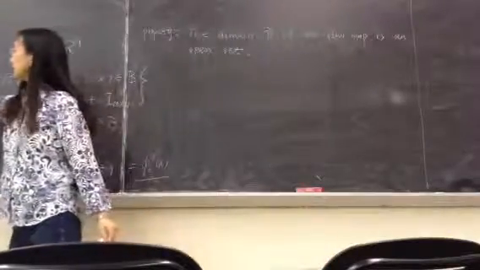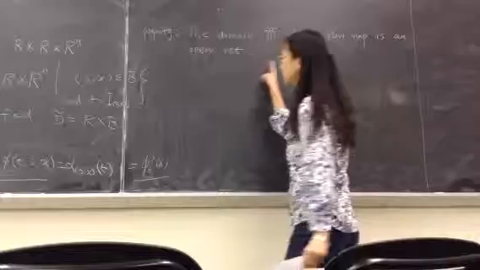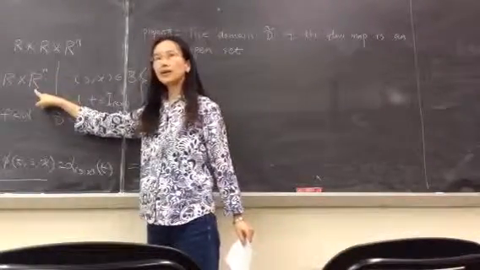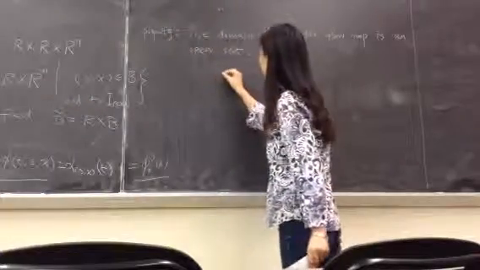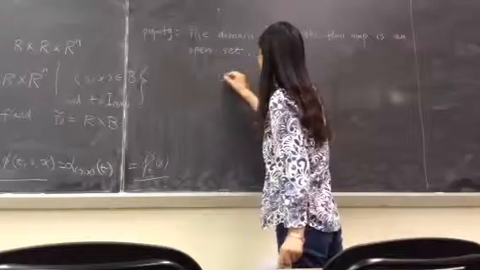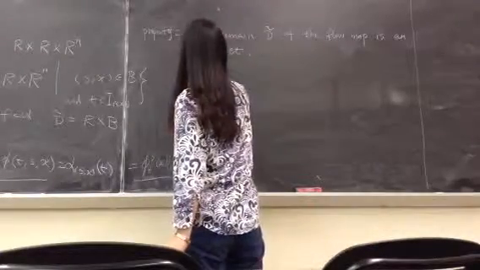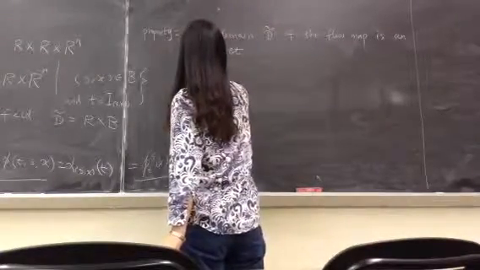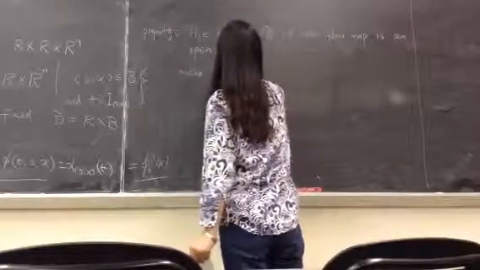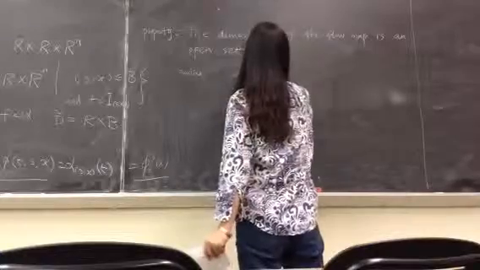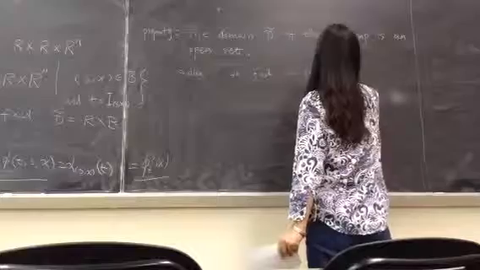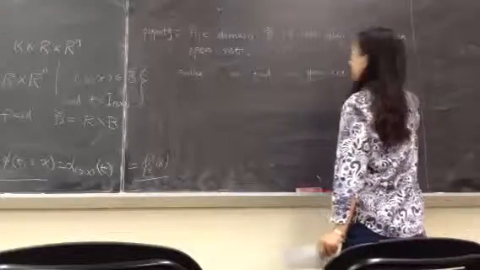here we have this. If it's open, that means we can find an open set U, which is a subset of Rn.